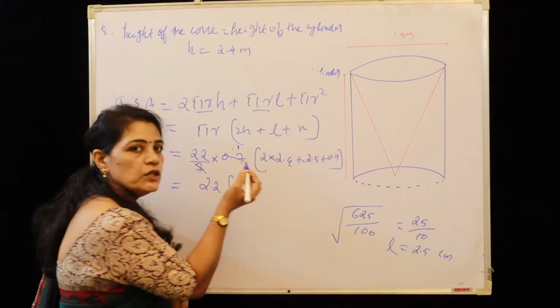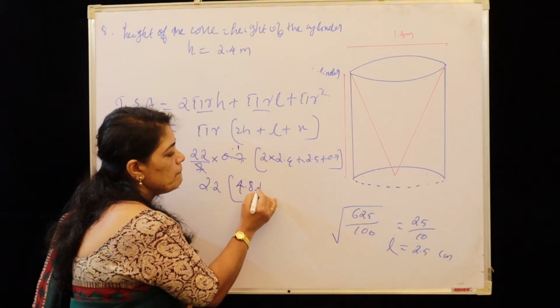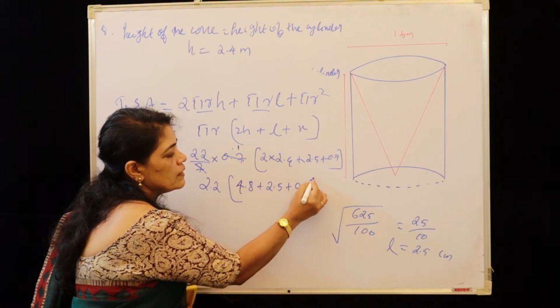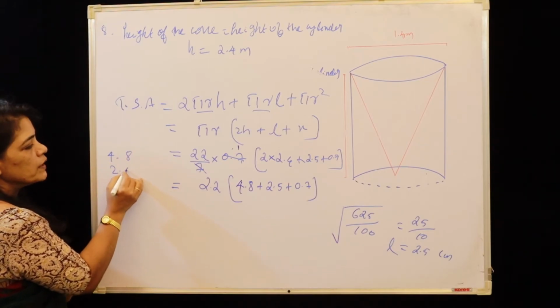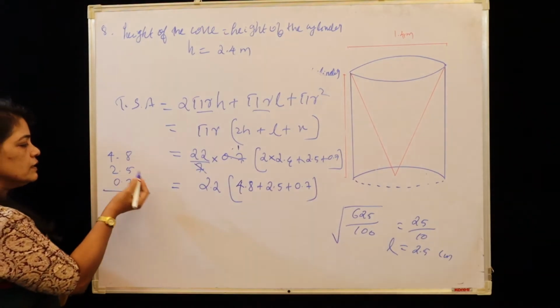And here 2 into 2.4 is 4.8, plus 2.5 plus 0.7. We can add without a mistake. So 2.5, 0.7.